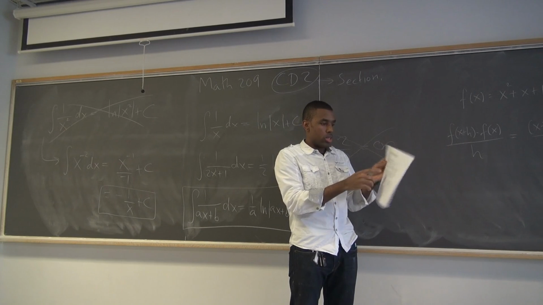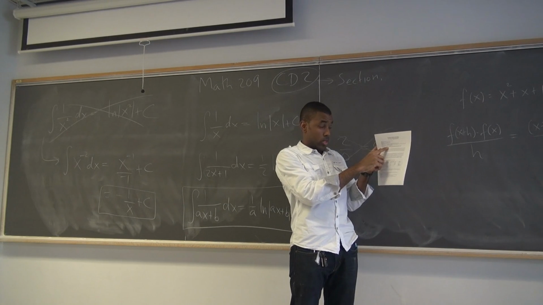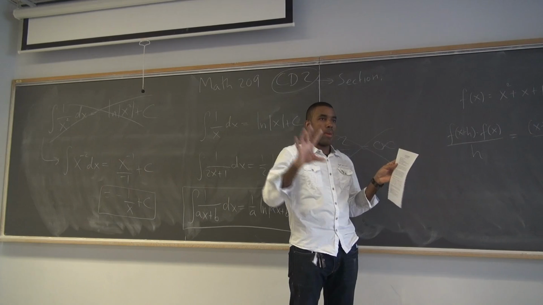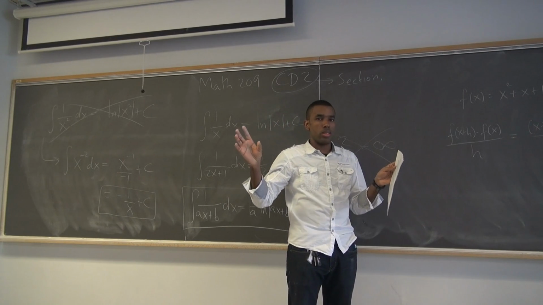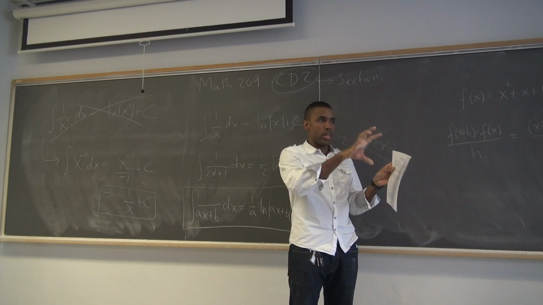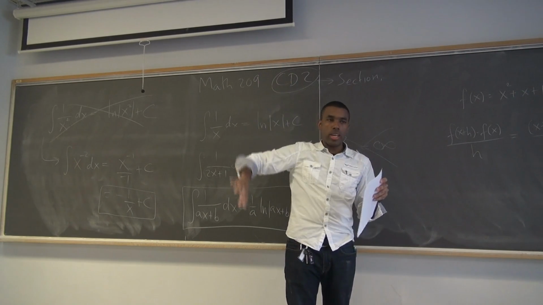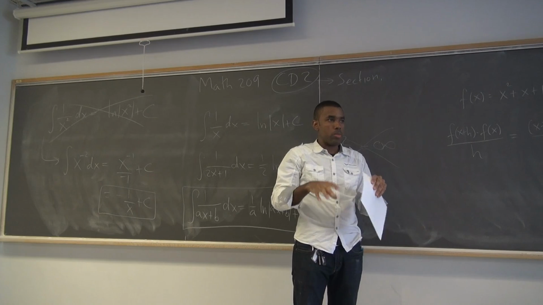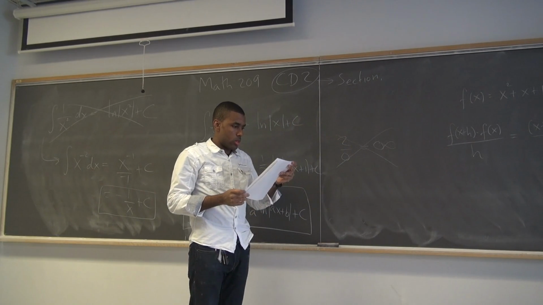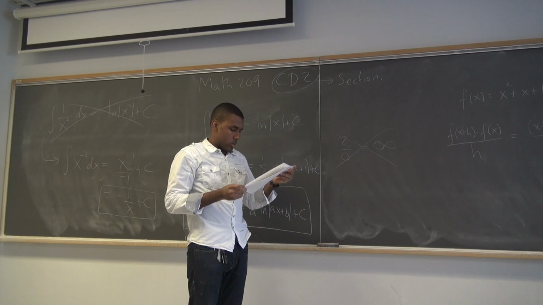What you can do is go to the math department website, the 209 website, and there should be a link to the files that you will need. It should say something like math 209 files.zip. It's a zip file or something like that. Some of them will have code already in the file for you to just manipulate and things like that. So that's also something that I should mention.